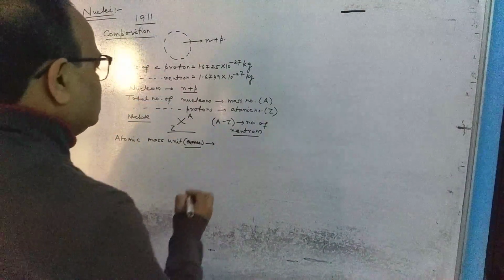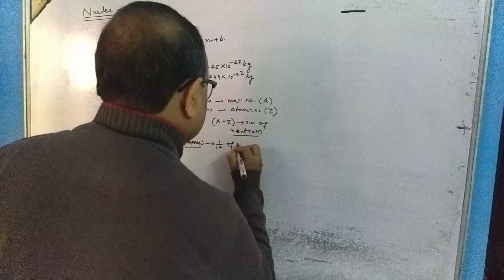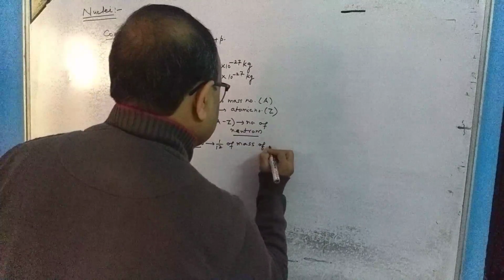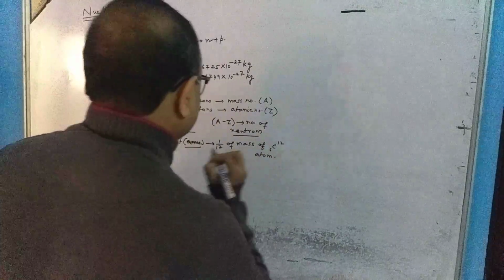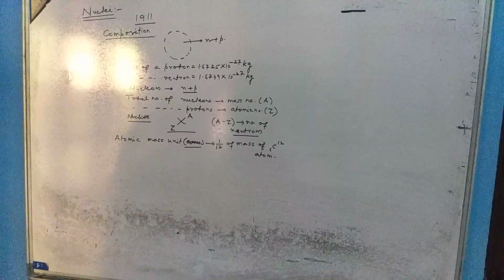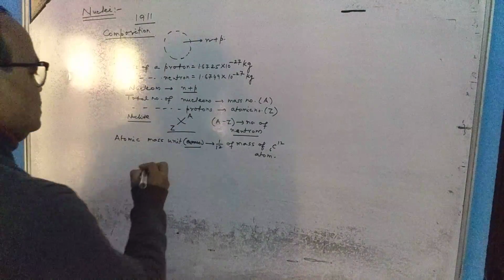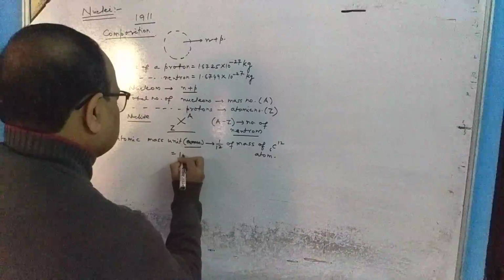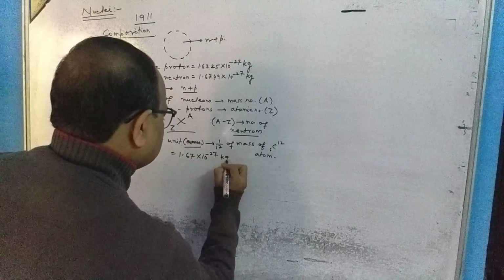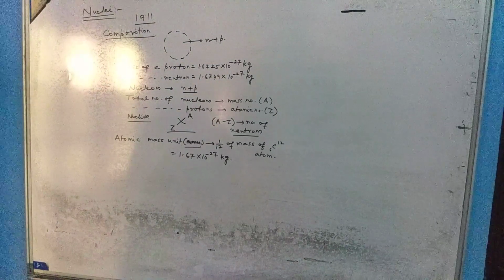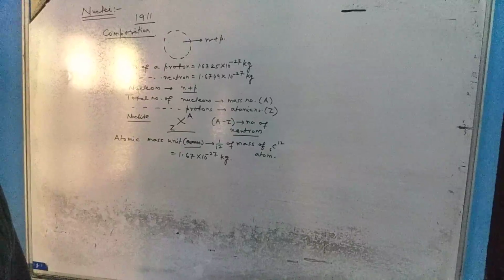It is 1 by 12 of the mass of a carbon-12 atom. So it is equal to 1.67 into 10 to the power minus 27 kg. Very important. I hope all of you know one atomic mass unit is this value.